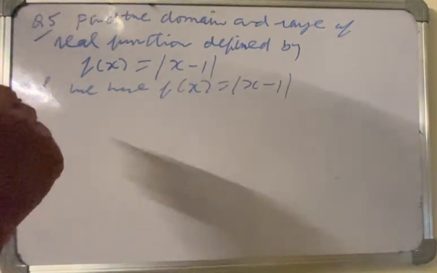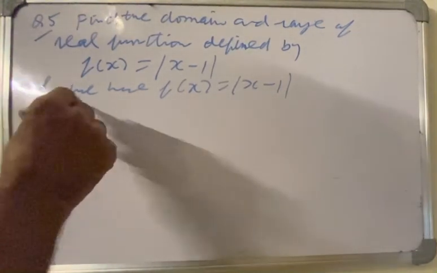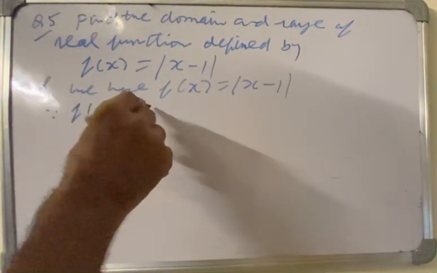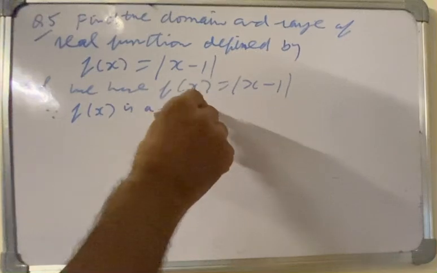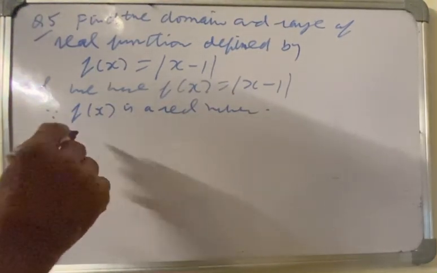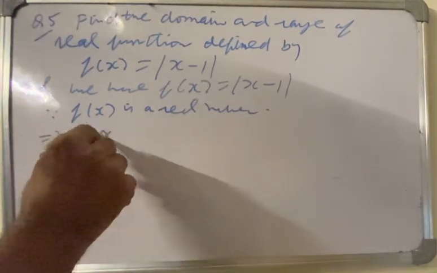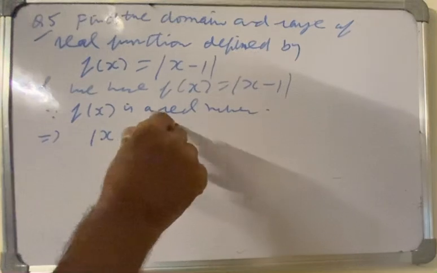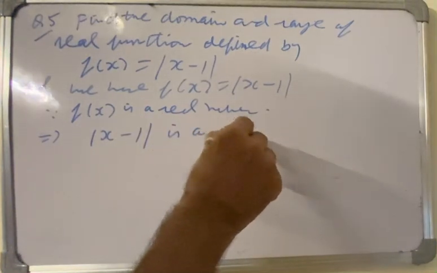Since f(x) is a real number, therefore mod (x minus 1) is also a real number.